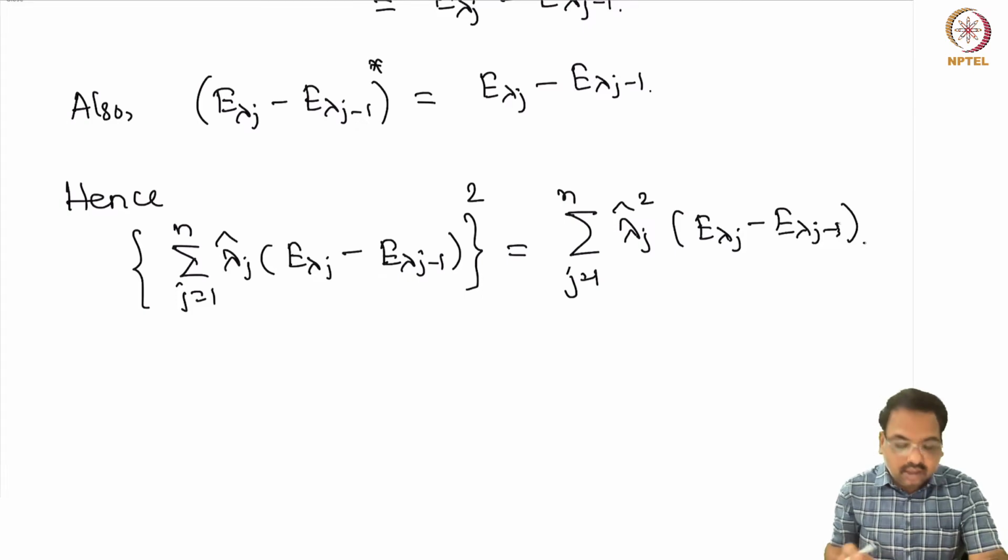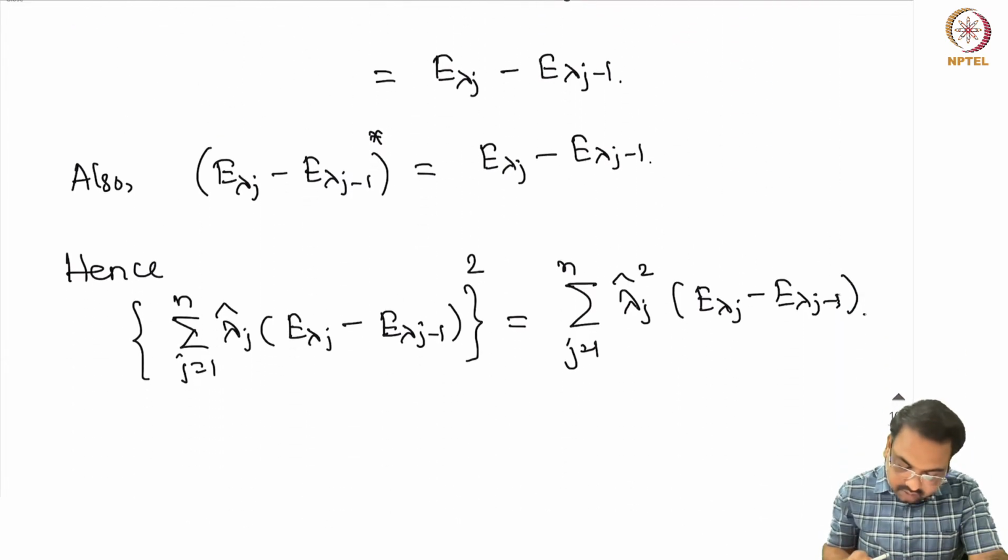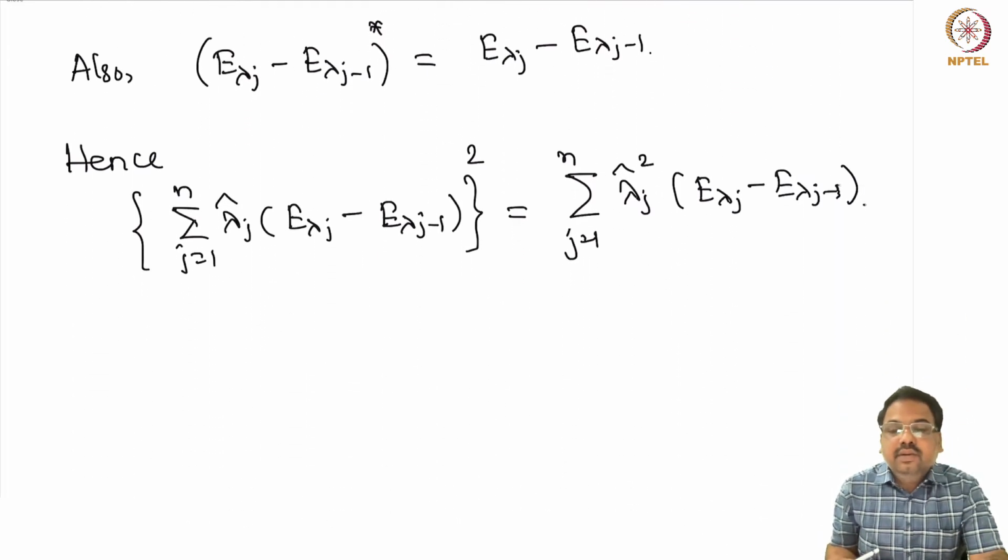This is what we get. That means T square can be approximated by this kind of operator, summation j equal to 1 to n of lambda j hat square multiplied by (E lambda j minus E lambda j minus 1). But this represents the integral from a to b of lambda square dE lambda.